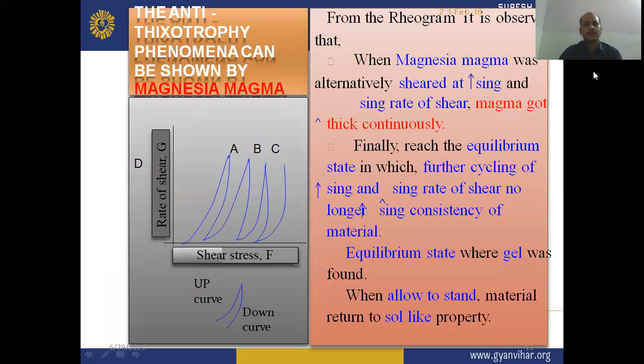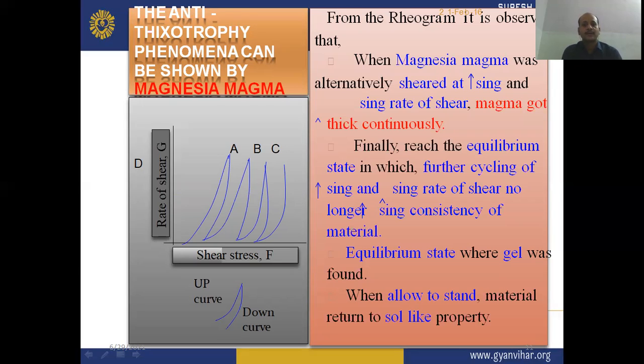So when we go through the characteristic rheogram for this anti-thixotropy phenomenon, it can be shown by something like magnesia magma. Rate of shear and shear stress are plotted on the rheogram, where the up curve and down curve are denoted. From this rheogram, it is observed that magnesia magma was alternately sheared at increasing and decreasing rates of shear.